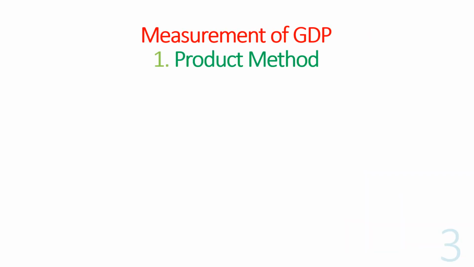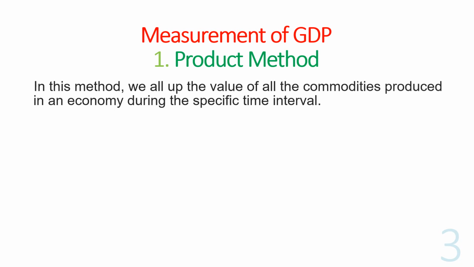First is product method. In this method, we add up the values of all commodities produced in an economy during the given specific time interval.